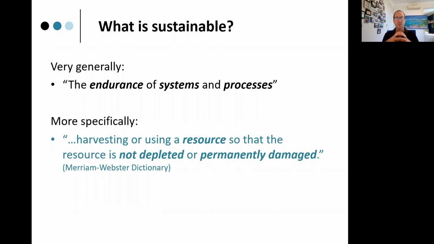And sustainability management is normally around trying to make sure that the ecosystems, processes, and systems that produce things that are beneficial for human society aren't damaged to the point that they stop to produce. On a more specific thing, it's harvesting or using a resource so that the resource is not depleted and permanently damaged.